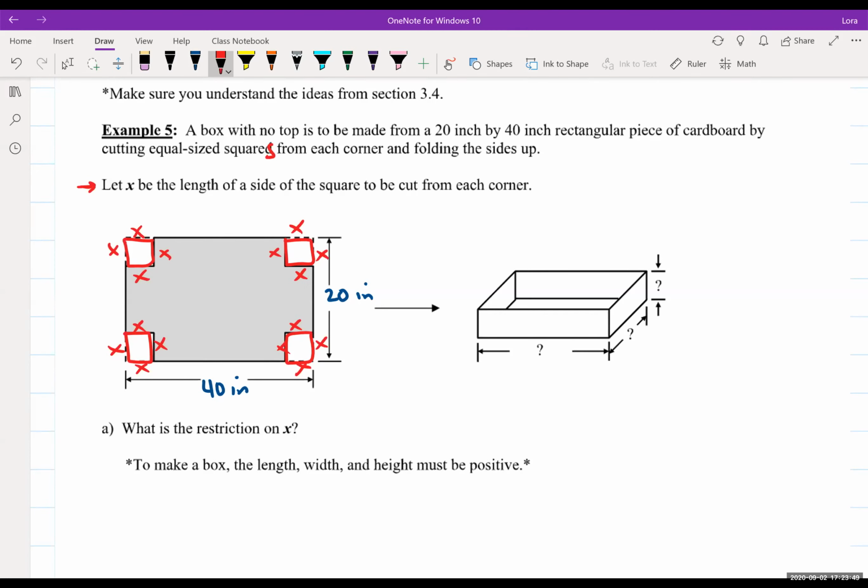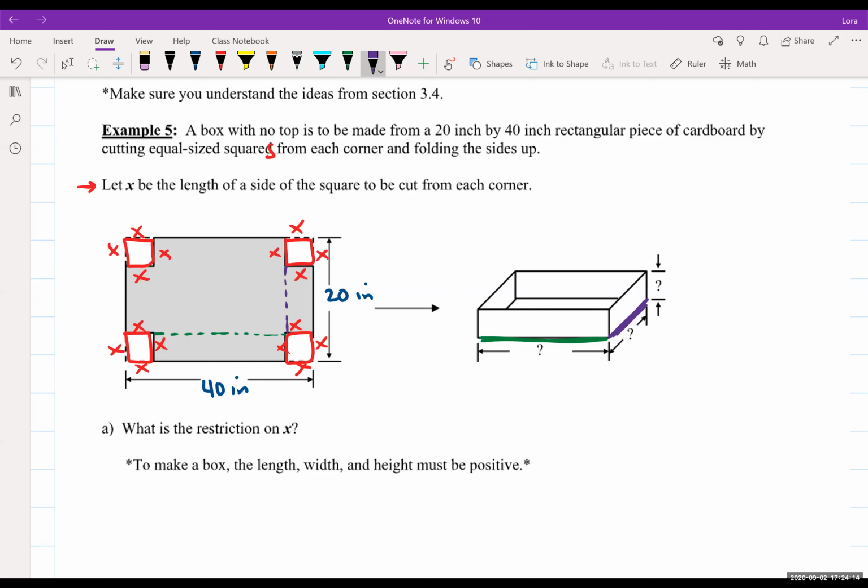So the idea is to try to understand what happens when we cut these squares out. What happens to be our new length and our new width? I'm relating that from 2-dimension now to 3-dimension on the right.